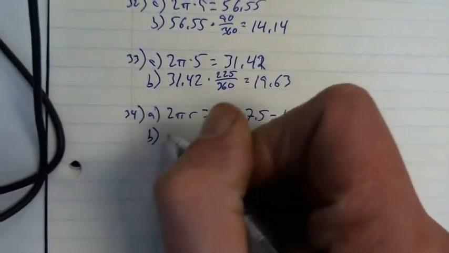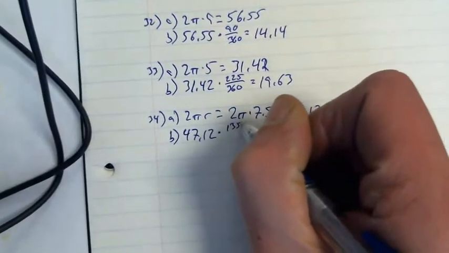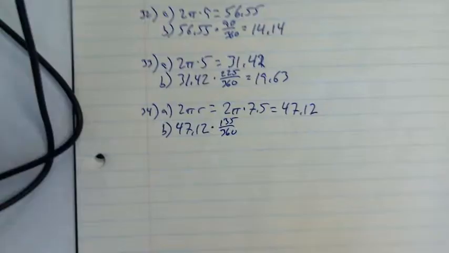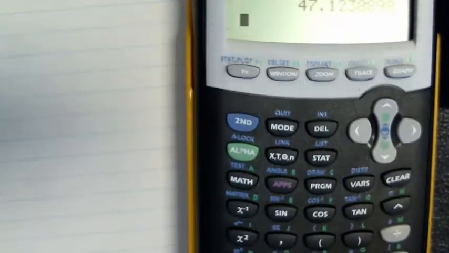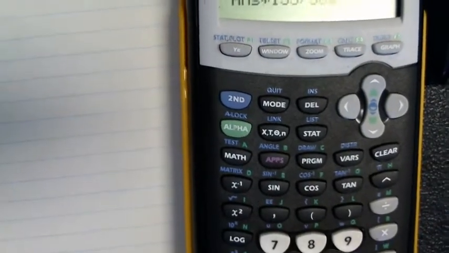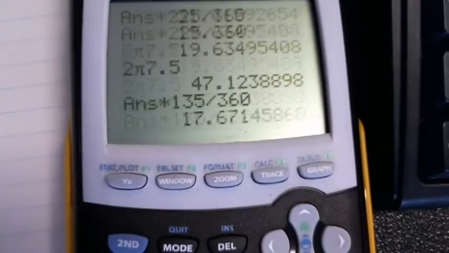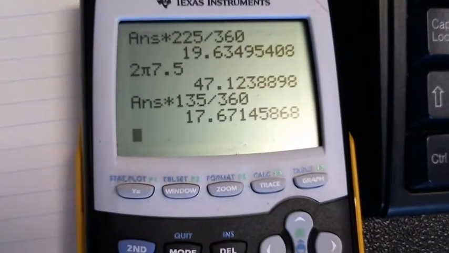We take our 47.12 and multiply by the fraction 135 out of 360. That's 17.67.